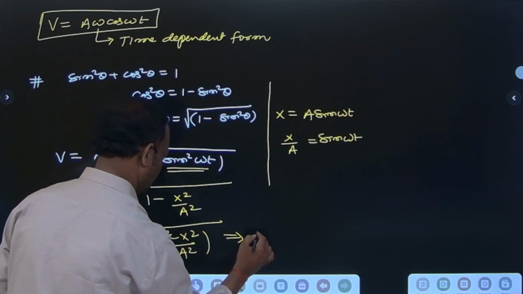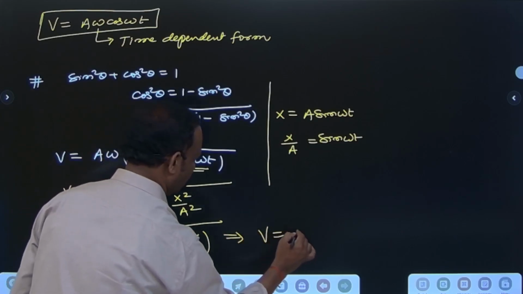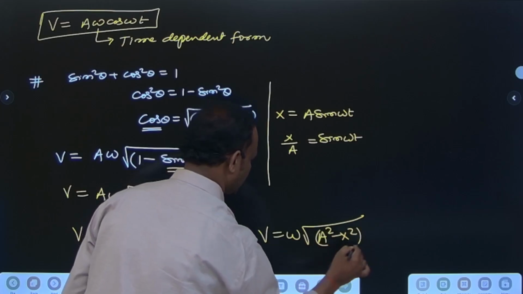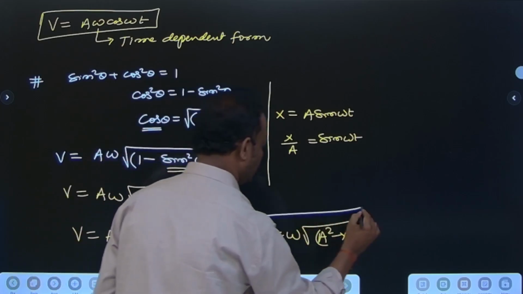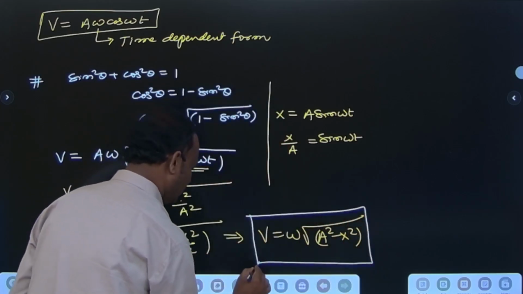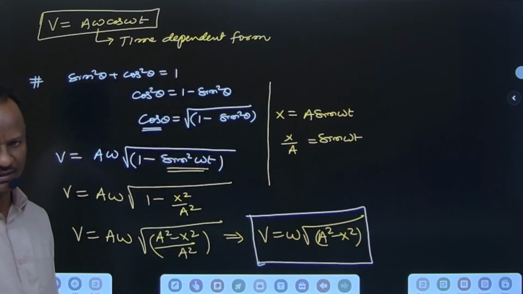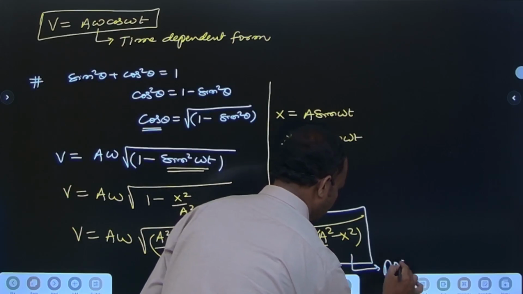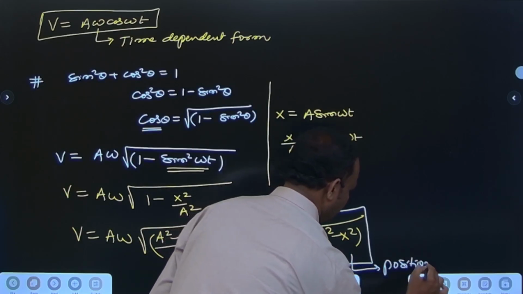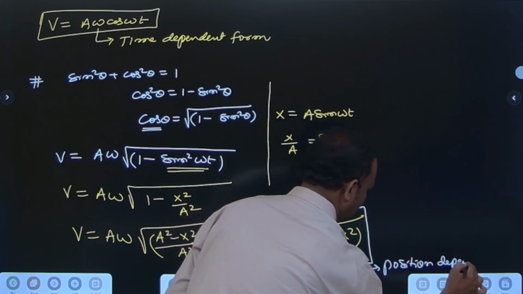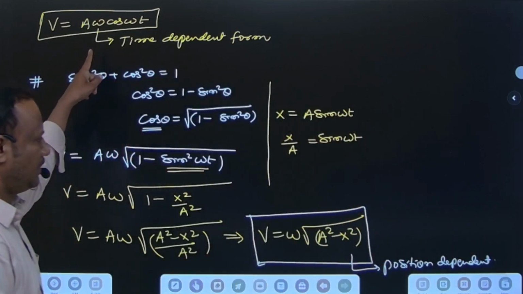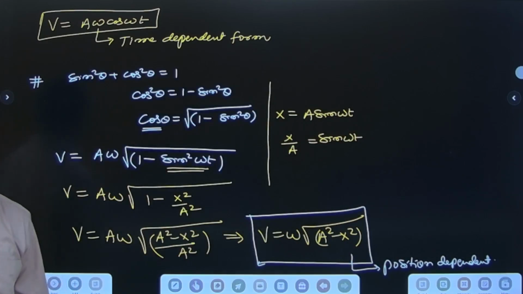V is equal to omega under root of A square minus x square is the position dependent form of velocity. So first one I got as time dependent, next one is position dependent.